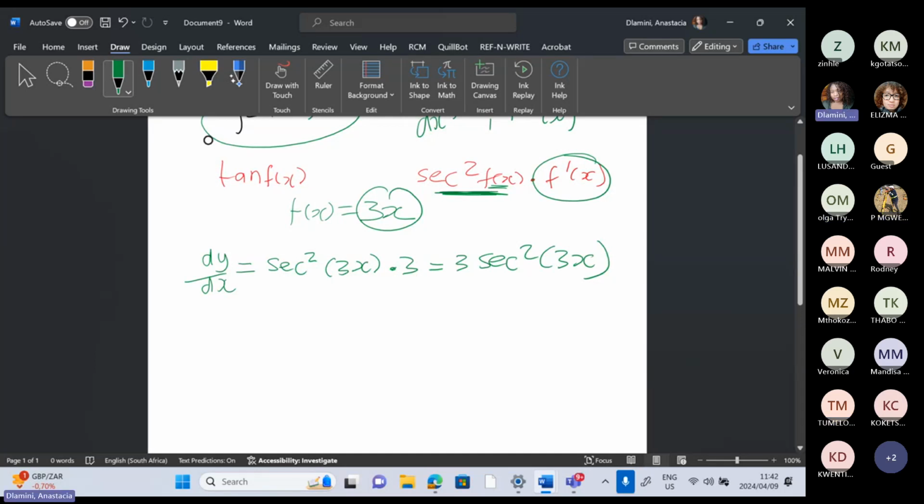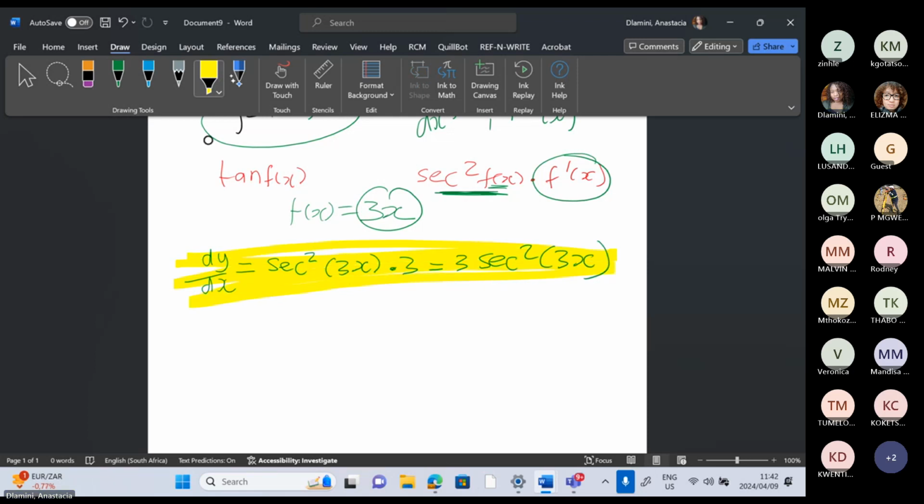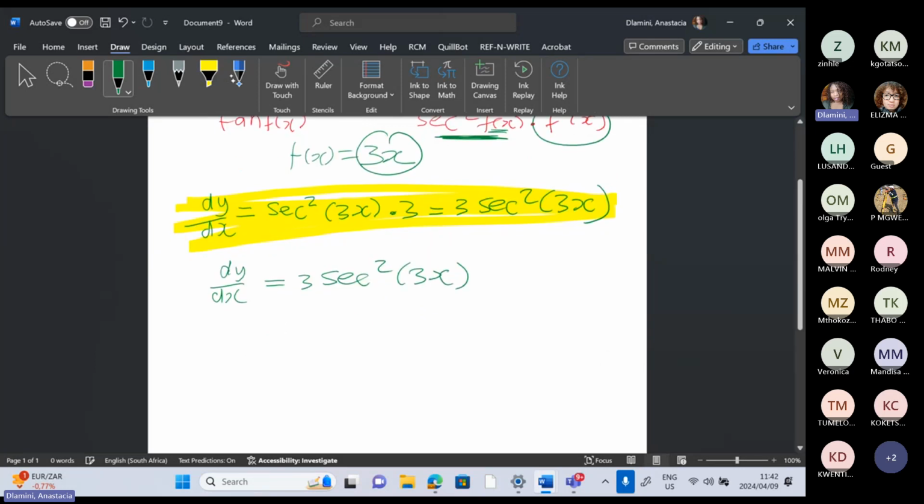Now they want us to find the second derivative. When you find the second derivative, you look here. So the first derivative is dy over dx, which equals 3 sec squared 3x. Now you go back to the same table on page 2 and go find sec f of x.